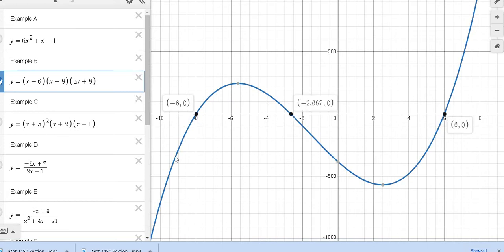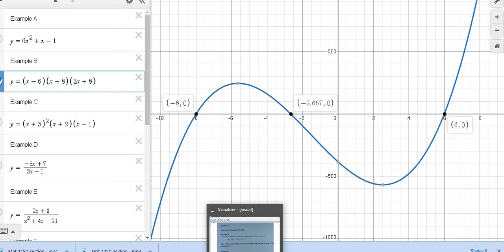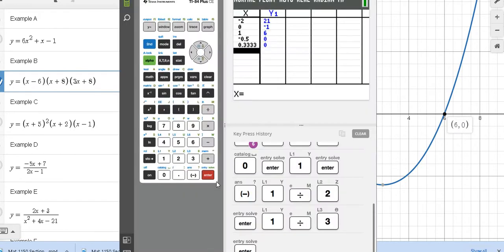It's going to be less than 0, that is below the x-axis, to the left of -8, between -8/3 and 6, and that's it. Just those two intervals. But that relies on you being able to interpret this graph correctly and find a good graph. So let's work at it a different way.